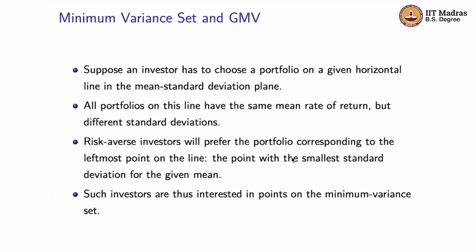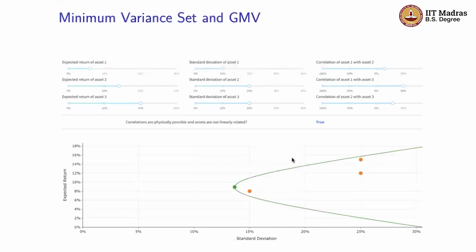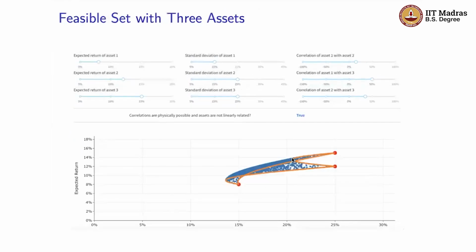Why is that the case? Remember, we are thinking of people who dislike risk, and we have fixed the mean rate of return. So the only thing that is changing along these different points is the risk associated with them, where risk is measured through the variance or the standard deviation. If we go back here, you have all these points which have this 14% return, and you are asking somebody who likes mean but dislikes the standard deviation.